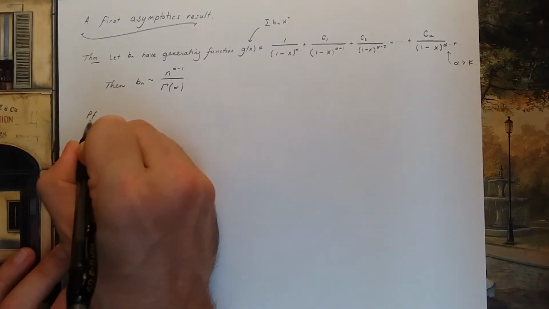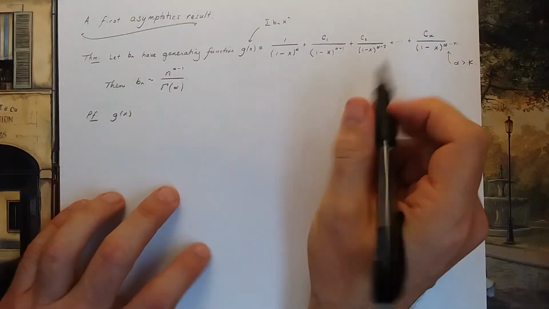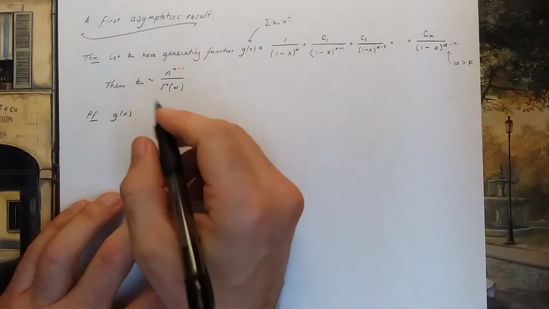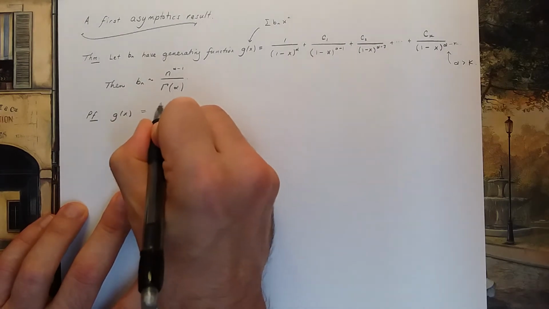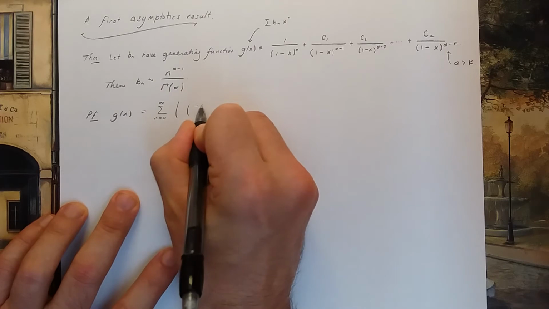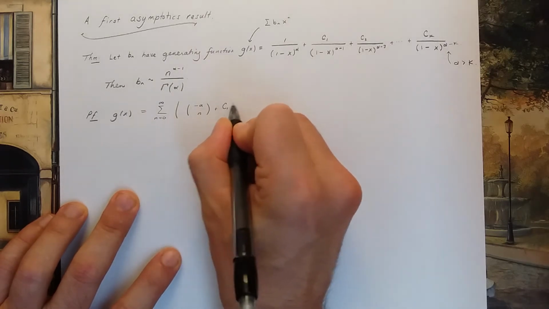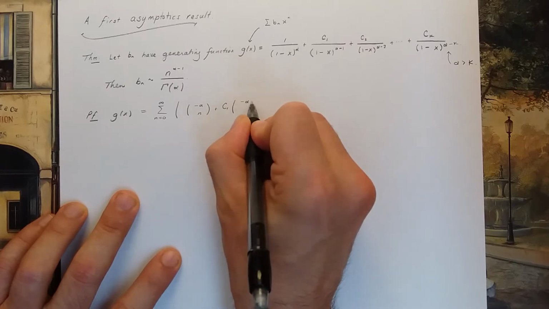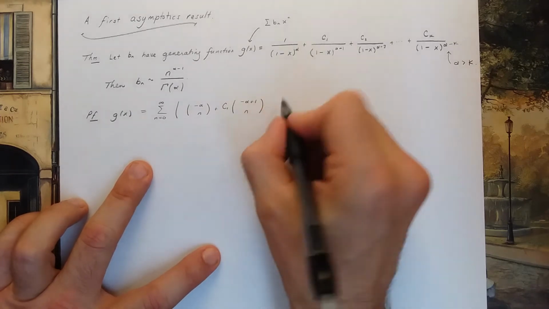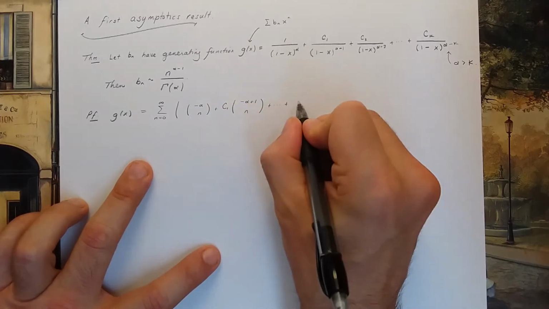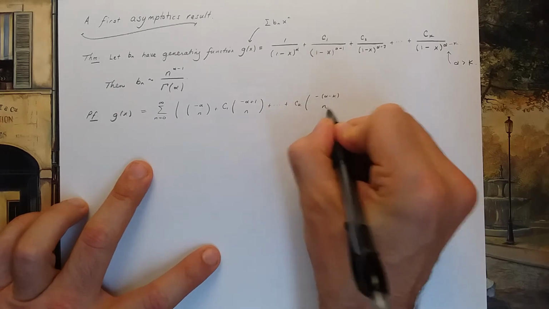So let's show why this works. I can use Newton's binomial theorem. Each one of these I can expand and write g(x) as the sum, n going from 0 to infinity, of negative alpha choose n, plus a constant c1 times negative alpha plus 1 choose n, and I can keep writing down the constants until I get to ck, negative alpha plus k choose n.